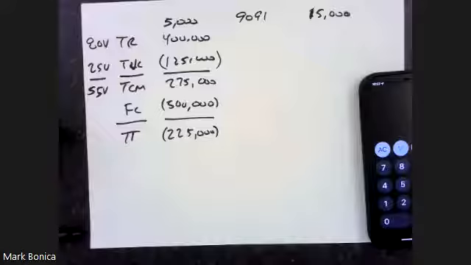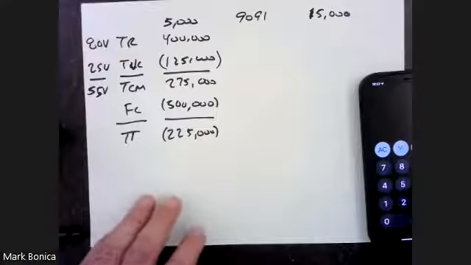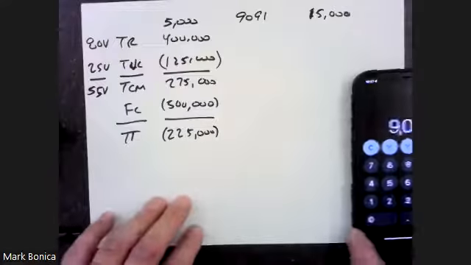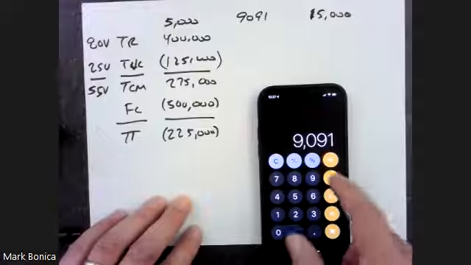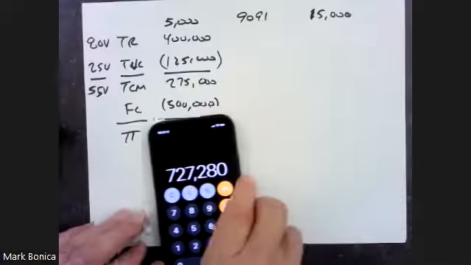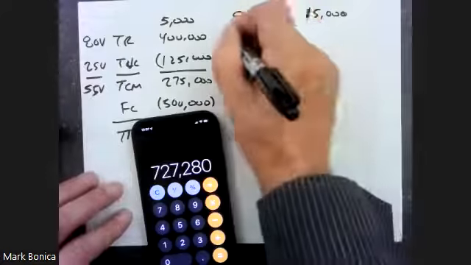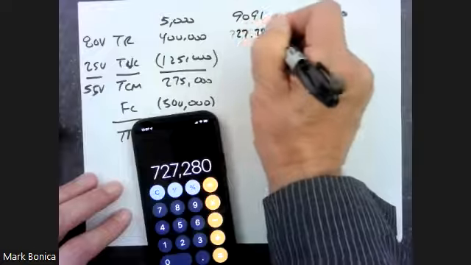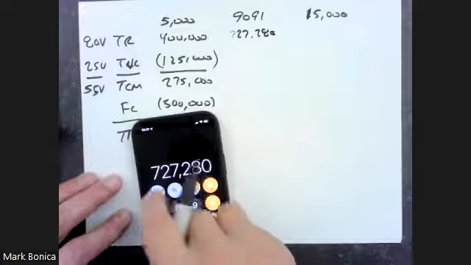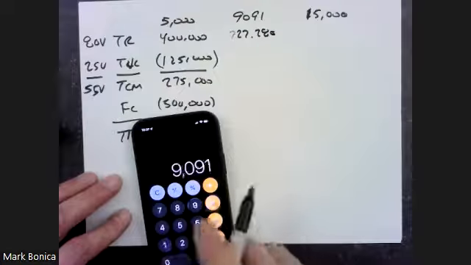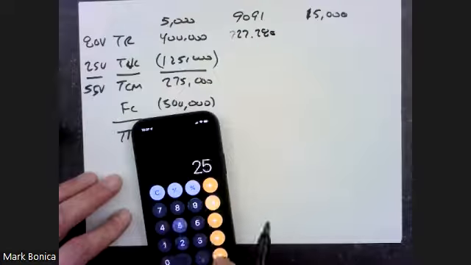All right. For the sake of time, let me keep going. So 9091 times 80 is 727,280. 9091 times 25 is 227,275. This is where the rounding is going to come in, I think.